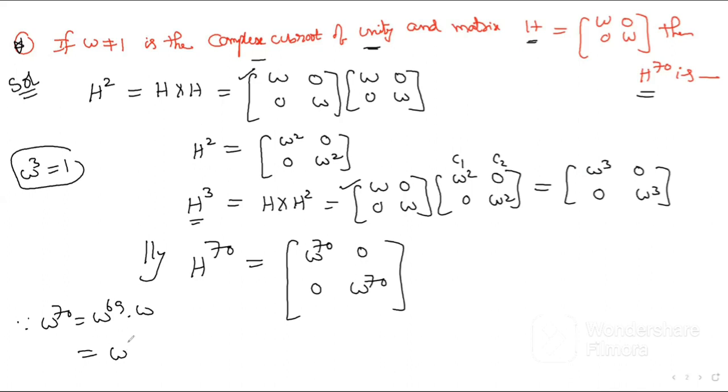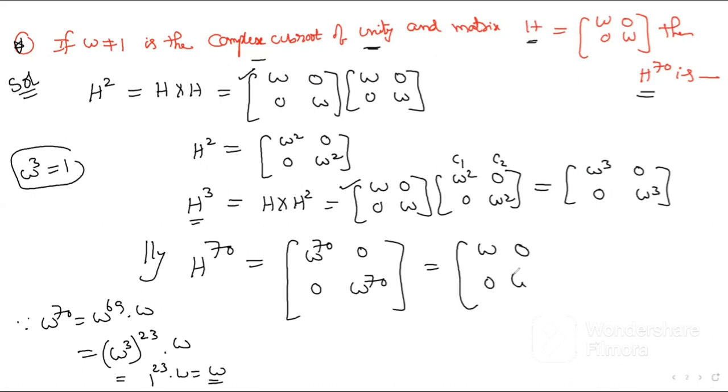Omega power 69 can be written as omega cube to the power 23. So omega cube to the power 23 into omega. The omega cube value is 1, so 1 to the power 23 into omega. What do we get here? Omega. So omega power 70 is nothing but omega.